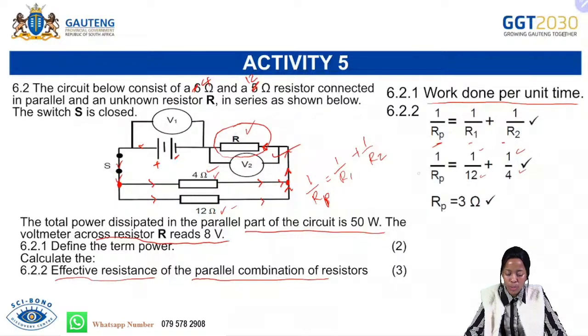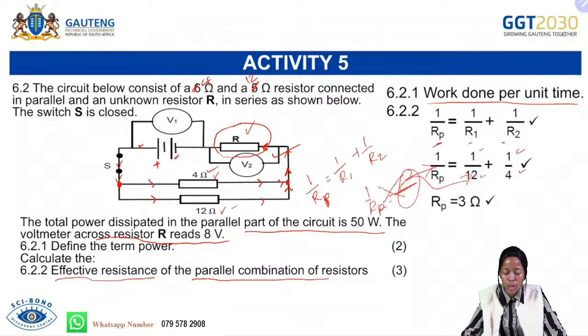If you then put that in your calculator, you will have a fraction there. So when you have a fraction, you just need to make sure that you cross multiply. And then when you cross multiply, you will see that for your final answer, you are going to have 3 ohm there.